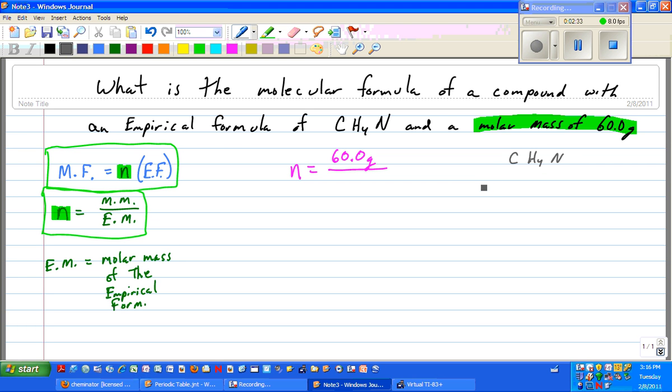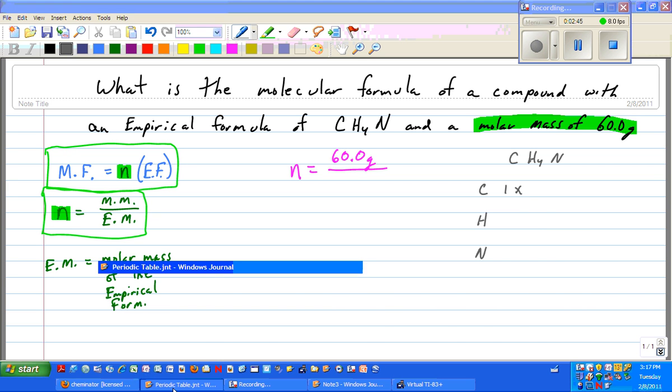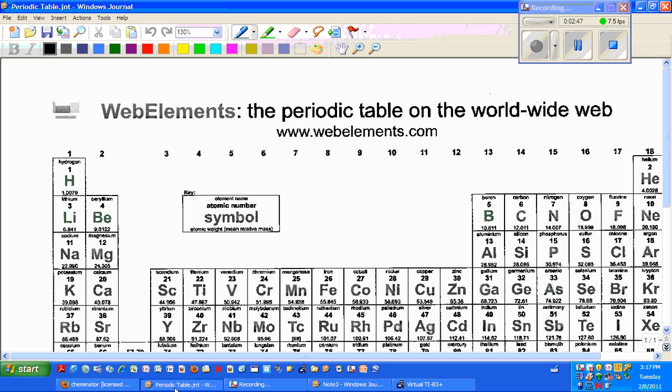To calculate that empirical mass, I would take carbon, hydrogen, and nitrogen. For carbon, we've got 1 times the molar mass of carbon, which we can look up on the periodic table.